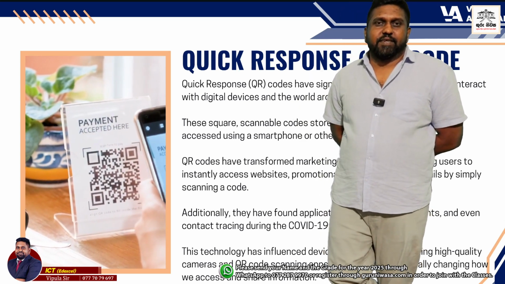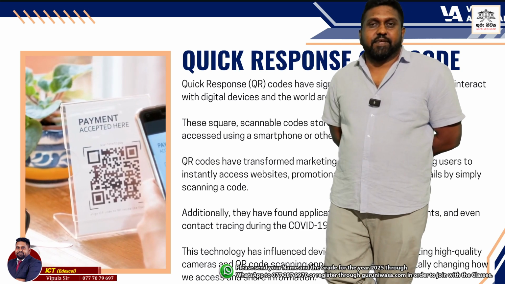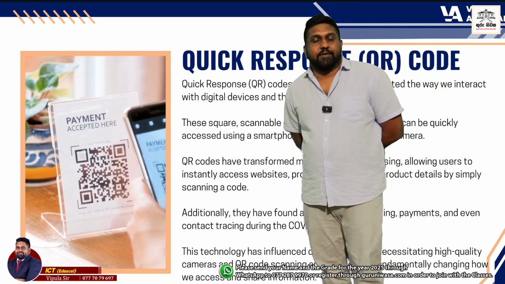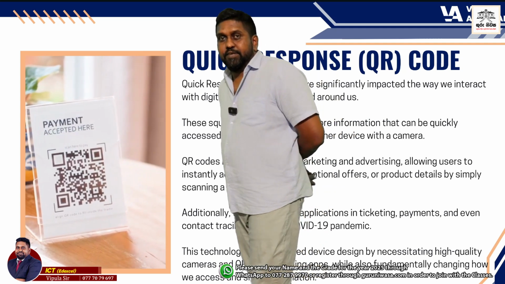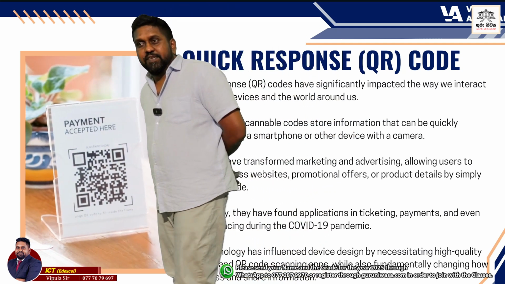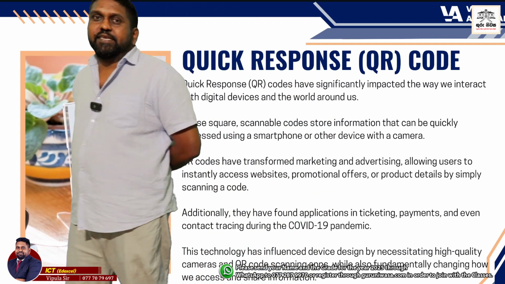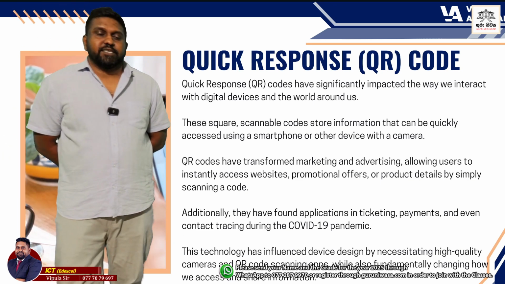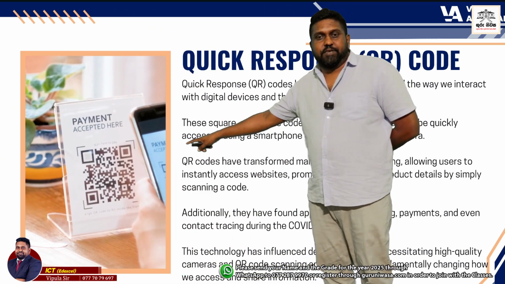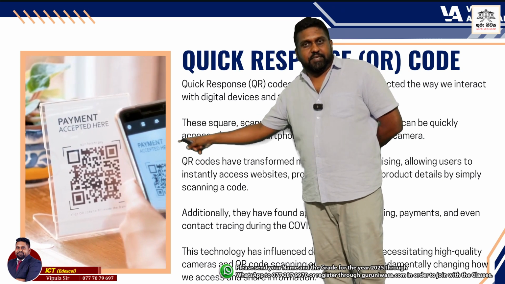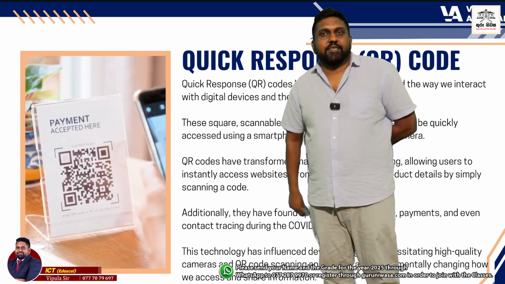But this QR basically gave us the option to store some data. So technically on a QR code, what you have is ones and zeros. That's a binary representation. So what you have in this block is literally a binary code, right?